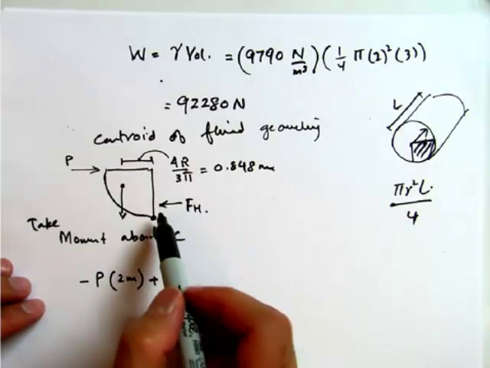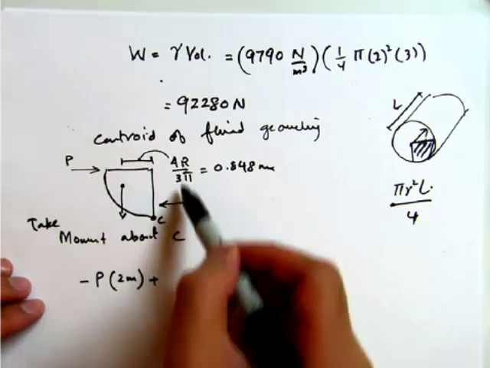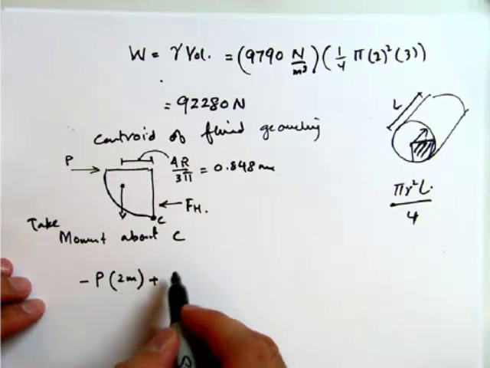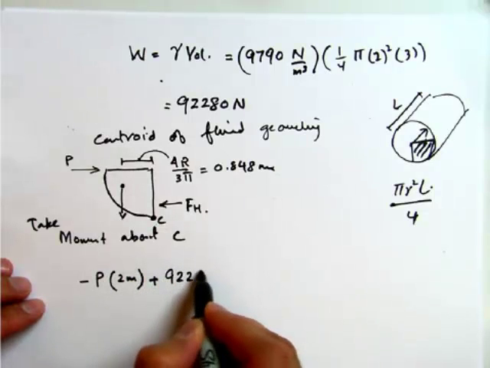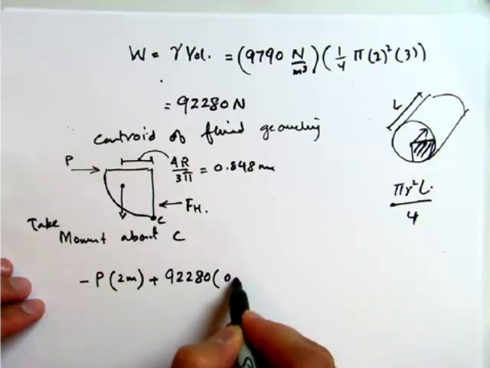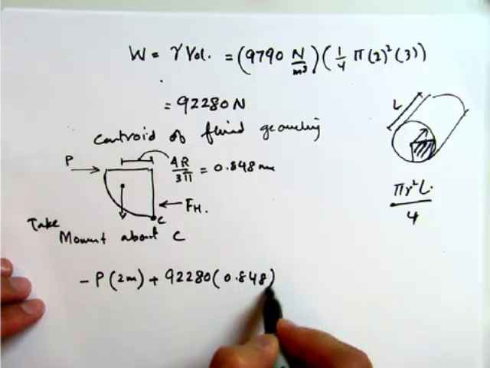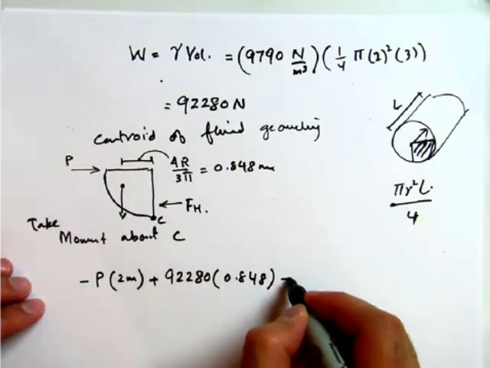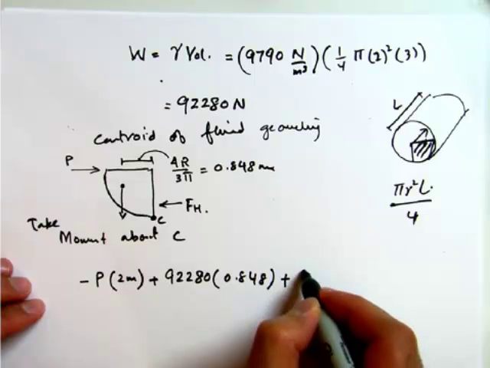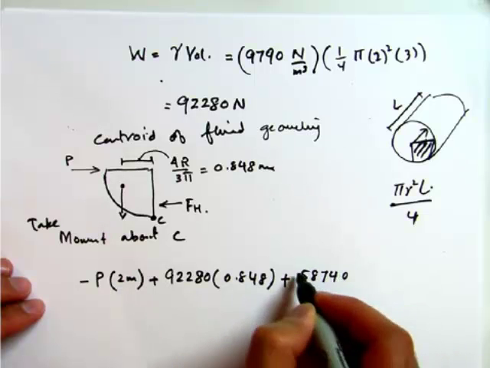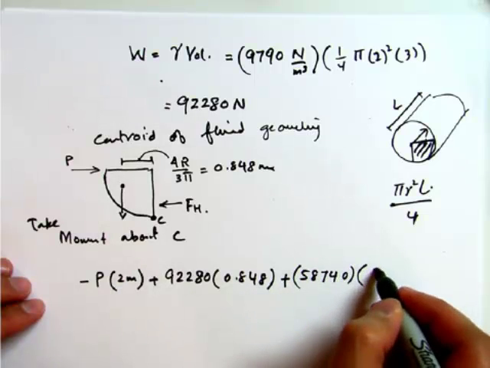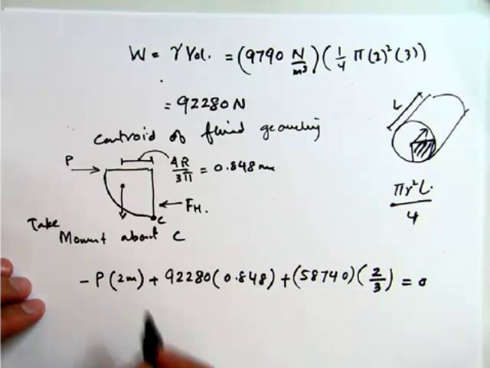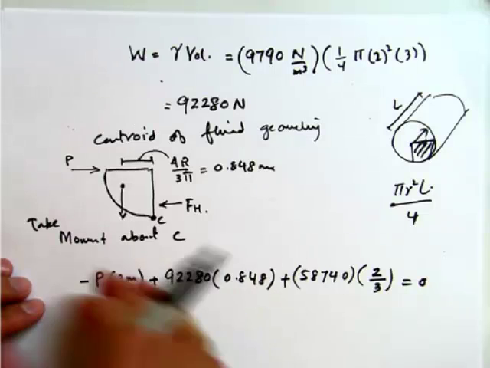And the next force is trying to rotate counterclockwise, so it is 92280 times 0.848 meters. And then this force is also trying to rotate counterclockwise, so plus 58740, and this is acting at 2/3, and that equals 0.